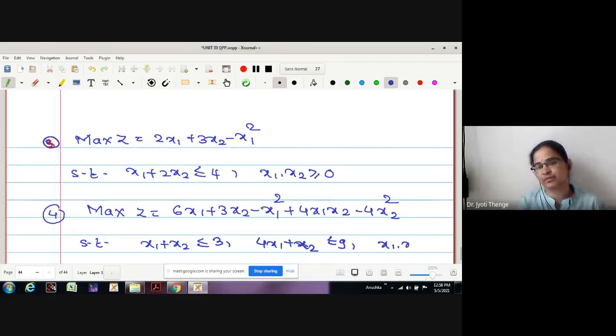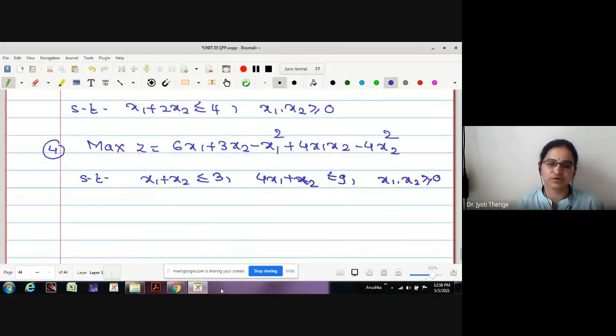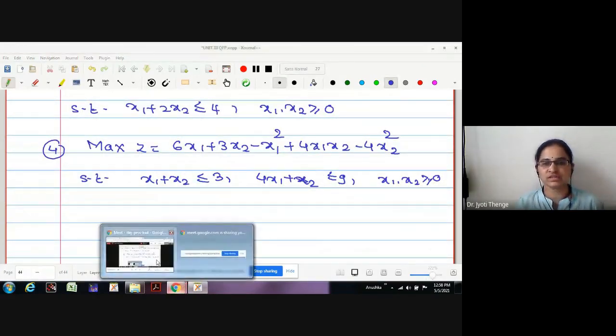Try solving both of the examples. Okay, let me stop for today. If you have any difficulty, you can unmute yourself and ask.